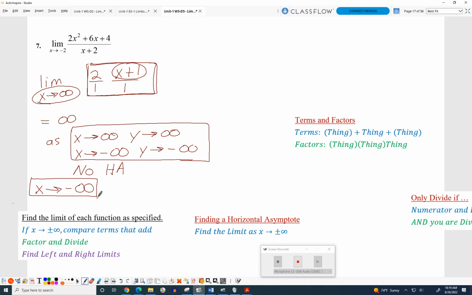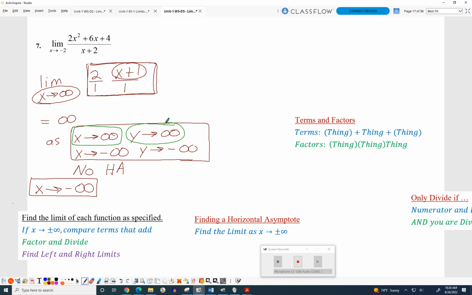How do you know there's not an asymptote? Just by definition. So the definition is simple. If as x approaches infinity, you discover that as x is very, very large, the y value is getting close to something finite, like 3, then you have a horizontal asymptote.